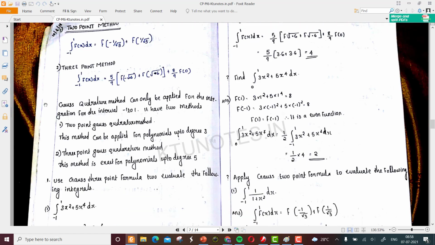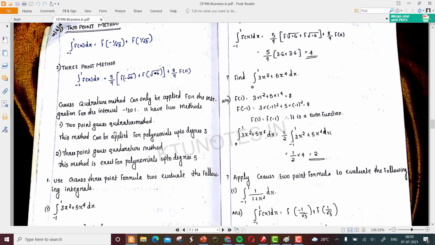Okay, see that the Gauss quadrature method you have just discussed can be applied only for the integration for the interval minus 1 to 1. It has two methods. One is the 2-point method, and this method is used for polynomials up to degree 3, that is s cube.